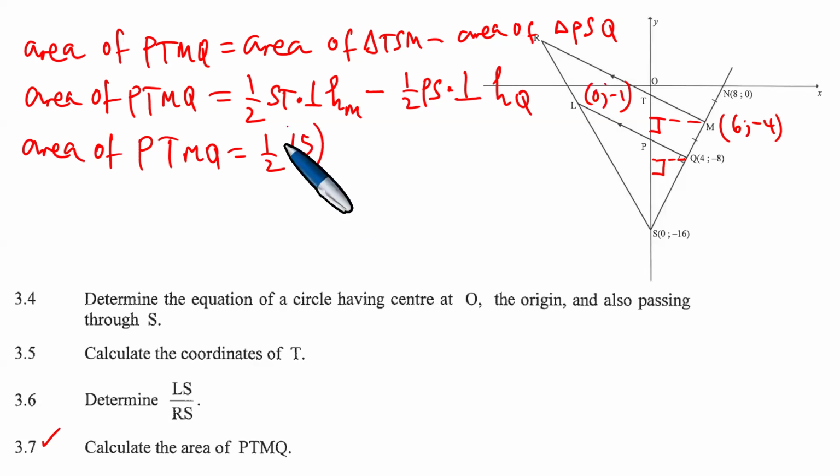So ST is 15. And the height is the distance from here to there, which is 6 units, like the x-coordinate of M. So this is exactly 6 units.